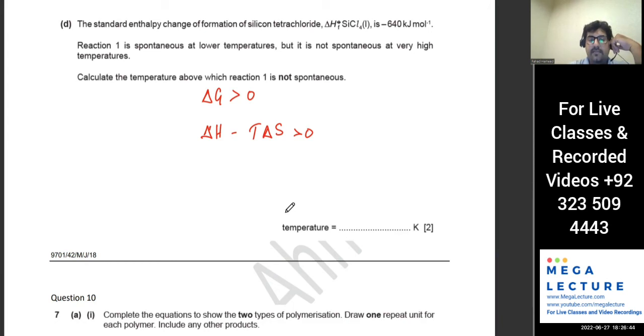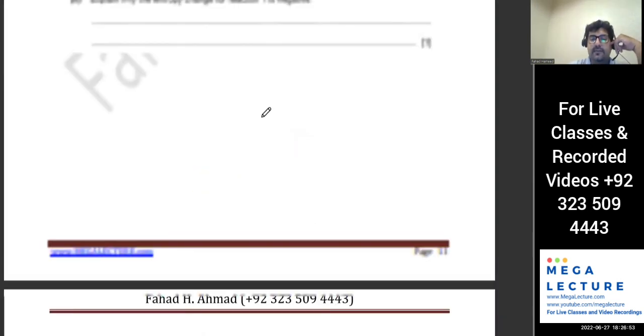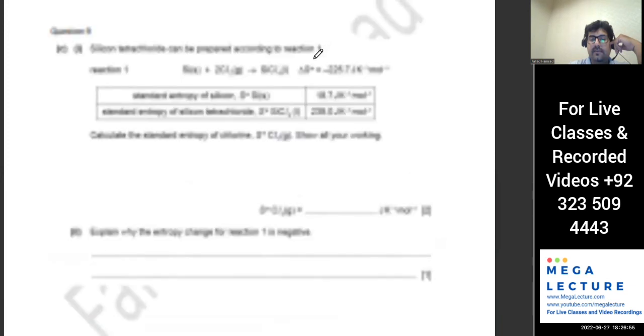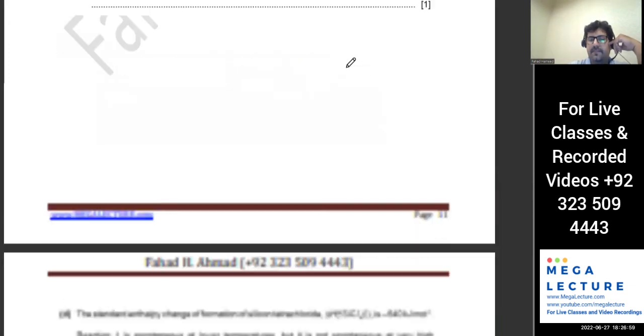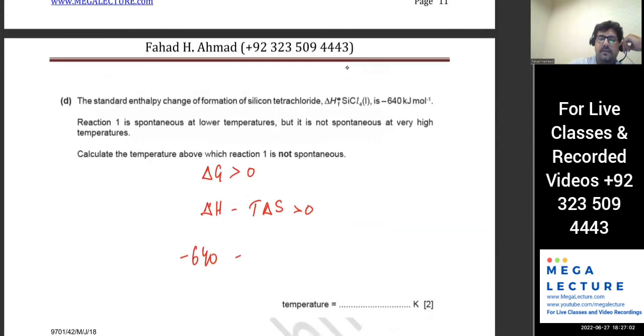And you already have the delta S value, which is over here, minus 225.7. Make sure all of them are in kilojoules, so I'm going to divide that by 1,000 and solve this.